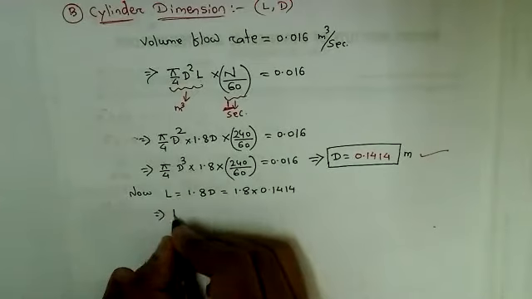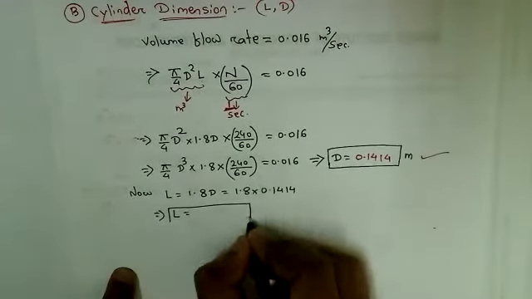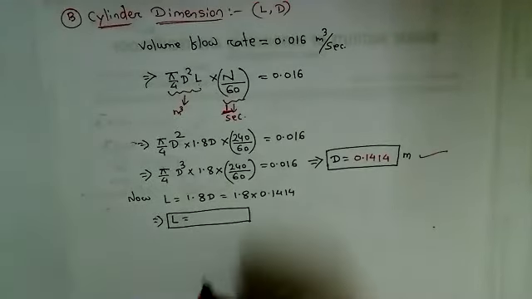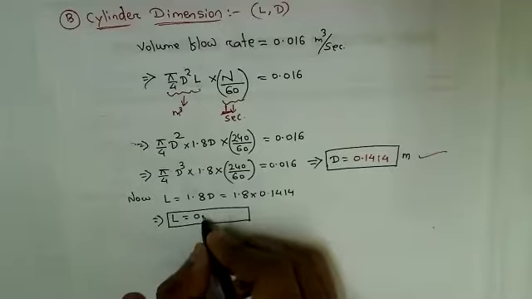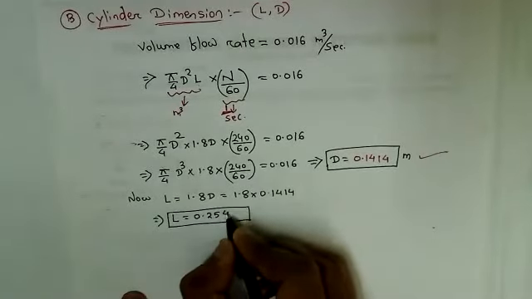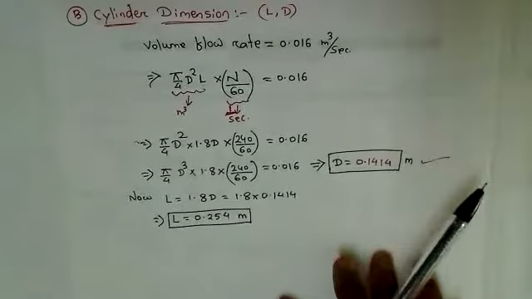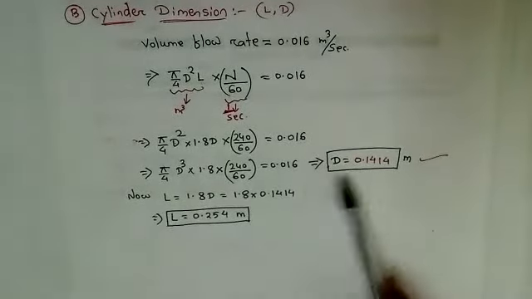That implies, what is the length? Tell me. 0.254. Okay, so the length we got is 0.254 meter. So in this way we have calculated the cylinder dimensions.